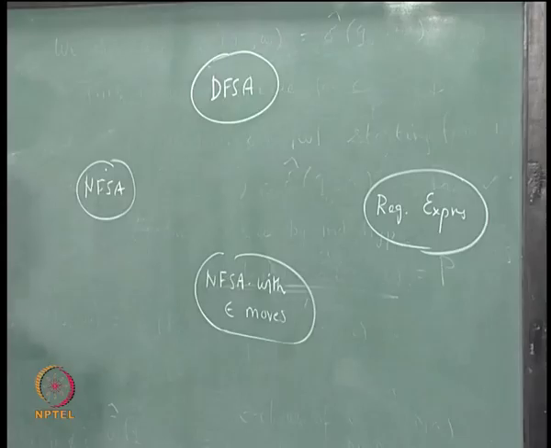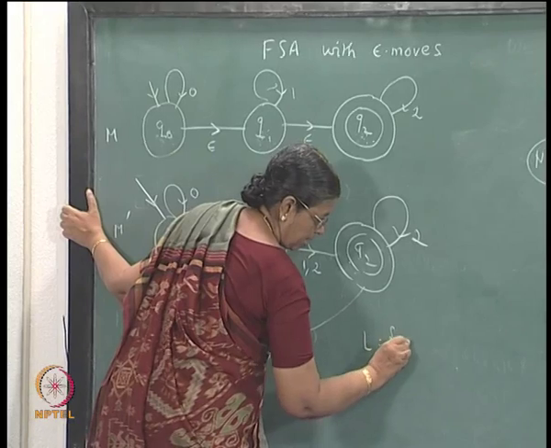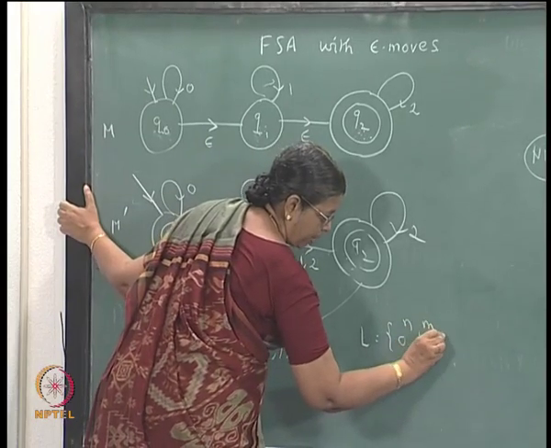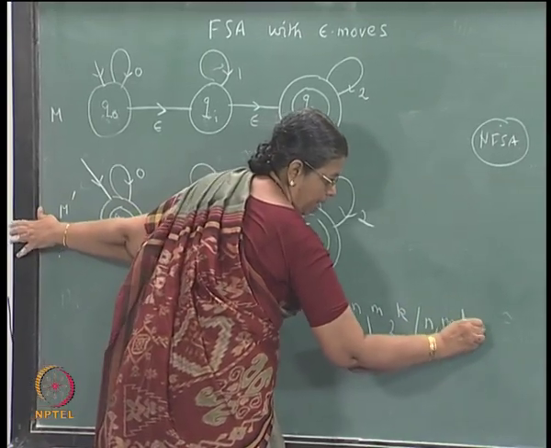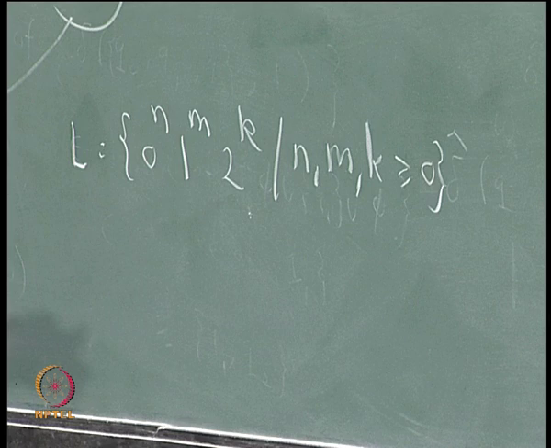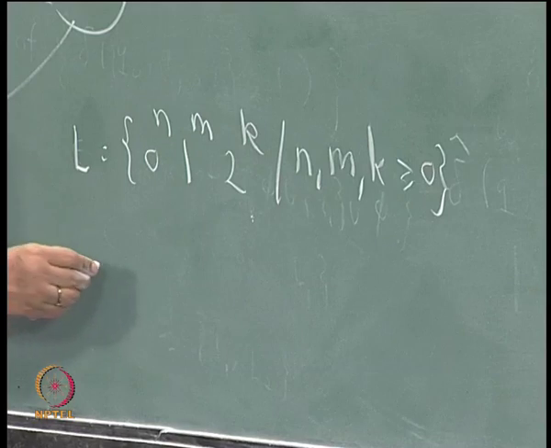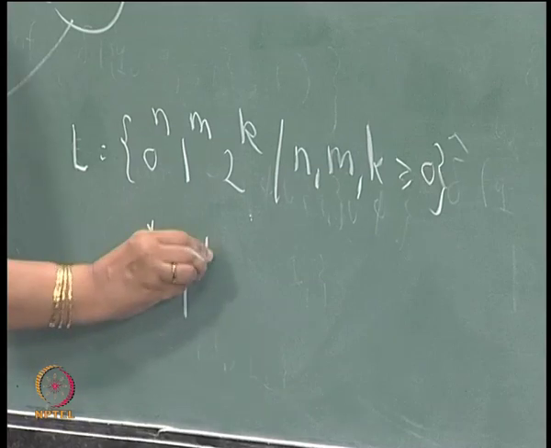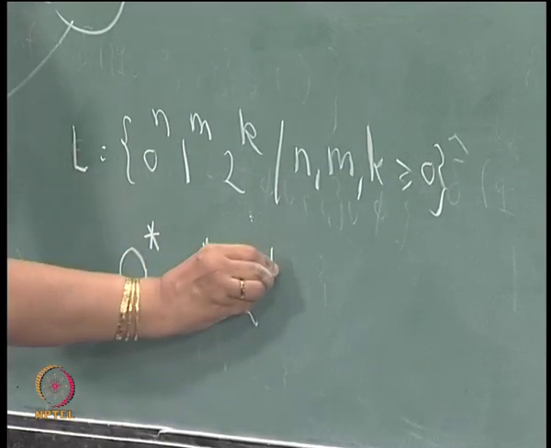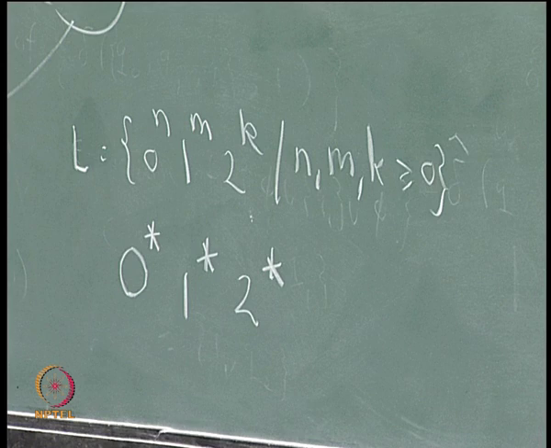For example, in this one the language accepted is 0 power n, 1 power m, 2 power k, n, m, k greater than or equal to 0, and the regular expression will be 0 star, 1 star, 2 star, right. There is a string of zeros followed by a string of ones followed by a string of twos.